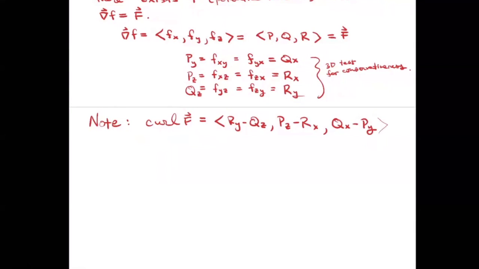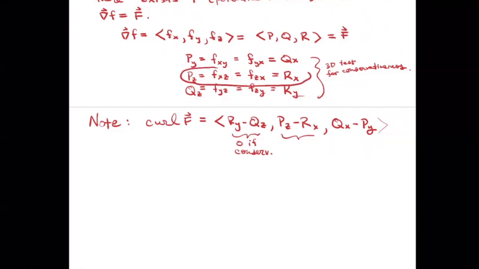Now, what's Ry minus Qz? Well, the third rule here says those are equal. So this is 0 if conservative. Pz minus Rx, that's the second one on here.